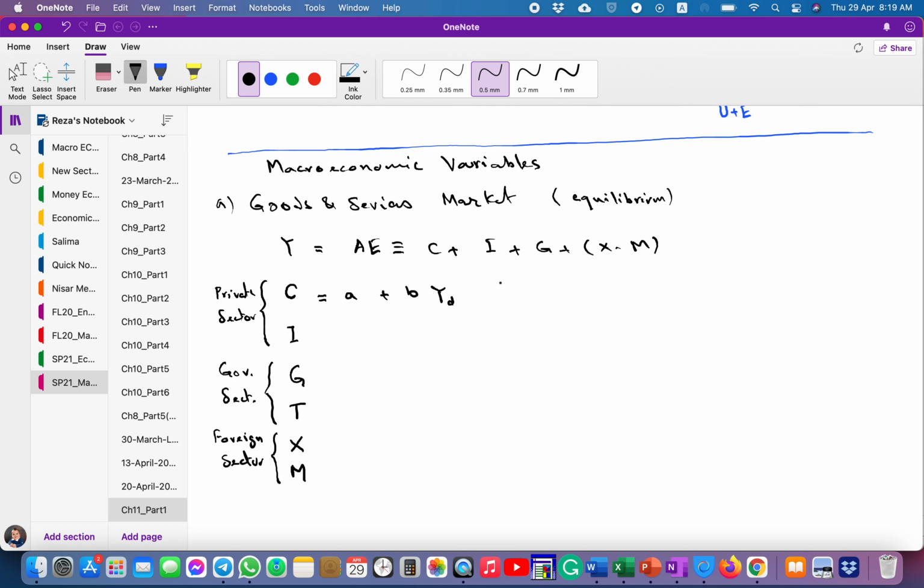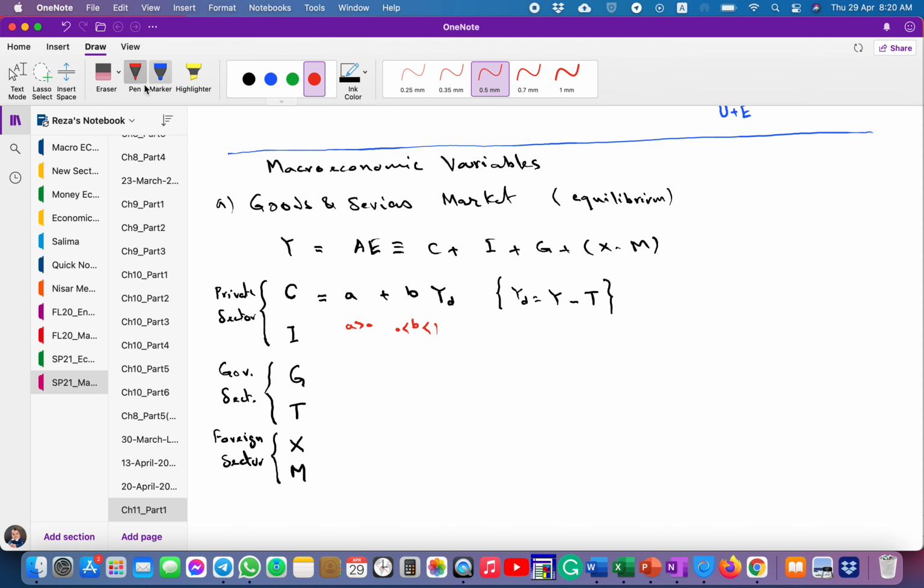YD in the bracket, I would say YD is equal Y after people are paying the tax. Okay, so this tax is taken out, and what is left over for the private sector is their disposable income, after tax income. And the condition is that the B is always positive and is less than 1, and A is bigger than 0.